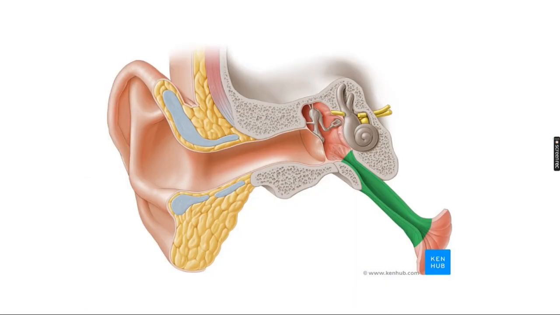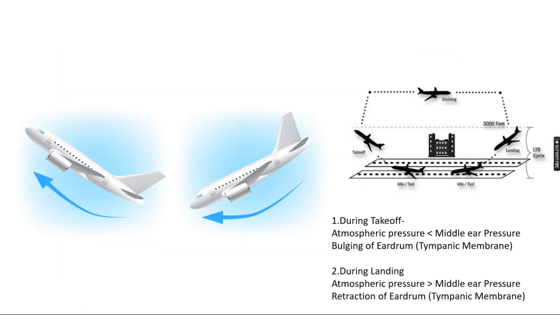But during takeoff or during landing, there can be a sudden change in air pressure, and because of that sudden change, our eustachian tube may fail to equalize the air pressure between the middle ear and the atmosphere. So let's see what happens during takeoff.